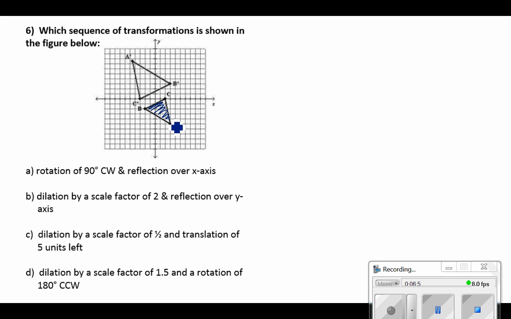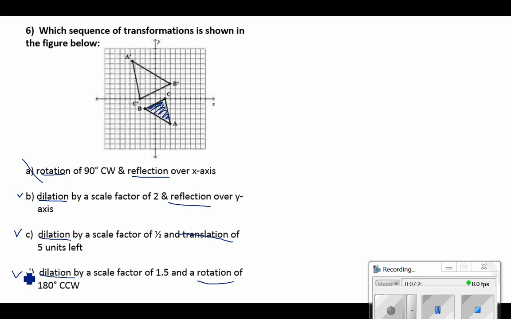We do want the word dilation to be in there somewhere, because our shape is changing size, it's getting larger. So A, rotation, reflection, there's no dilation there, so that's a no. B, a dilation and a reflection, so that's a possibility. Part C, a dilation and a translation, so that's a possibility. D, a dilation and a rotation, so that's a possibility.